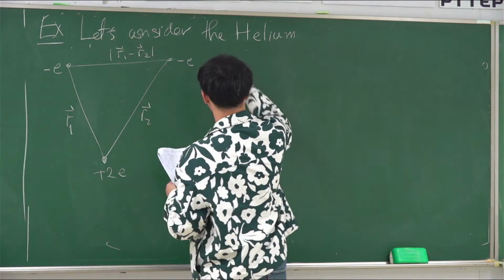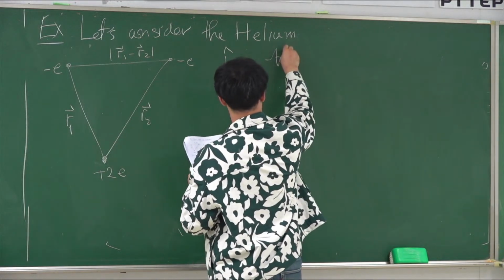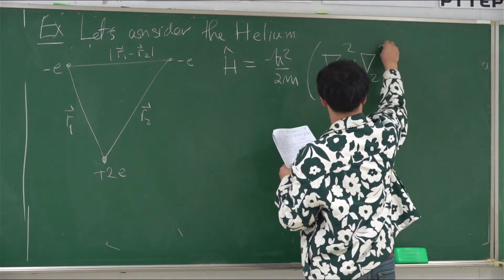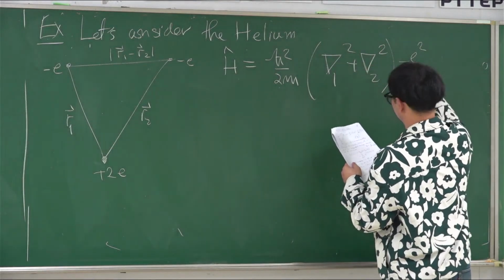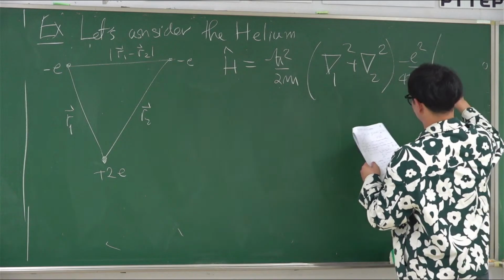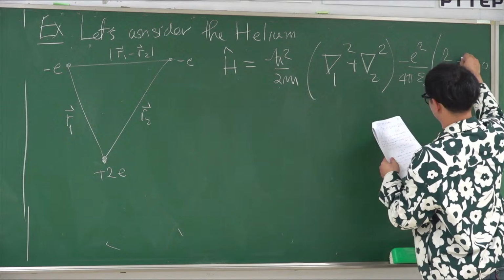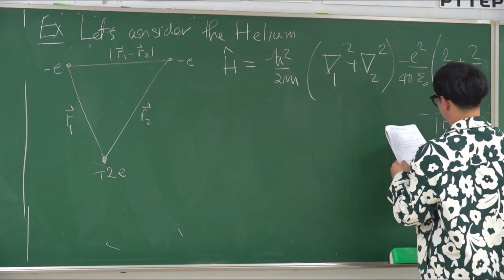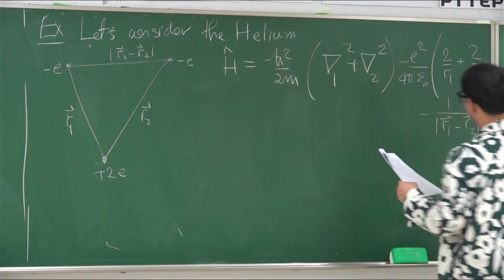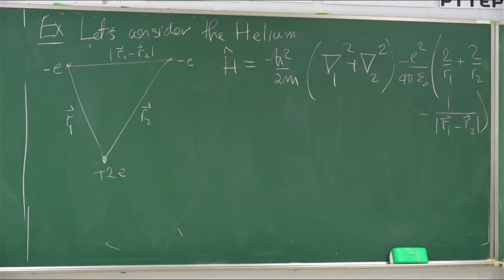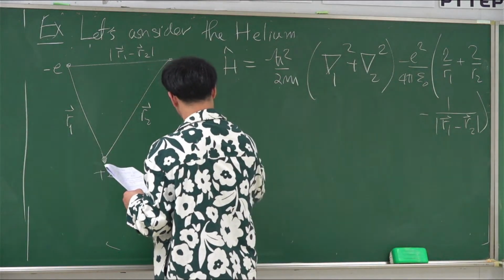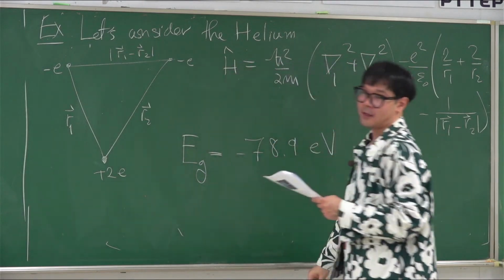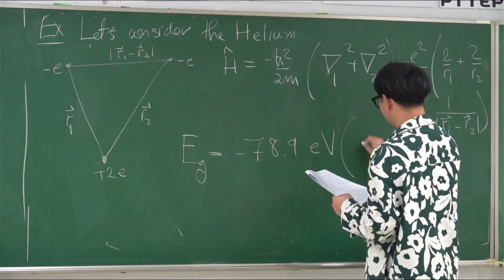And Hamiltonian is... okay. This is Hamiltonian, and we know that the ground state of this system is around this number. This is observation.